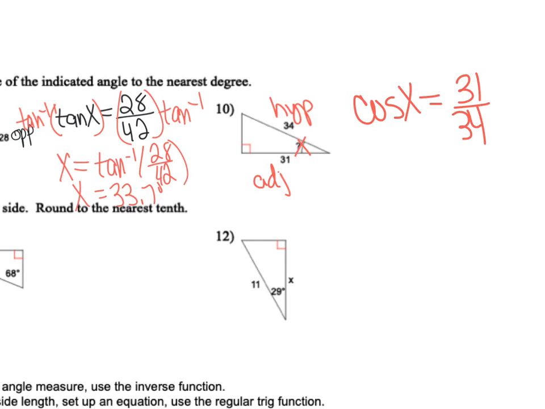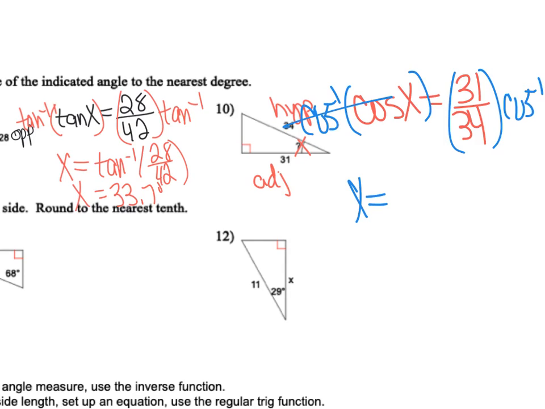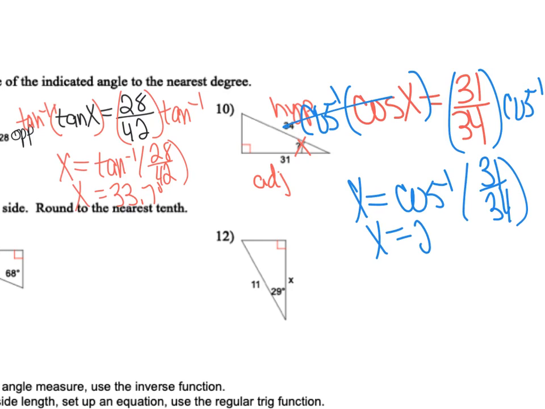When we go to take the inverse of both sides, take the inverse cosine, what that does is it gets rid of our cosine, leaves us with x over here, and we have the inverse cosine of 31 over 34. If you put 31 divided by 34 into your calculator, we get 24.25 degrees. So that's when we're finding angle measures.